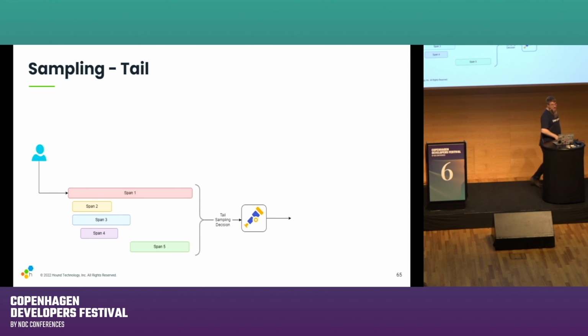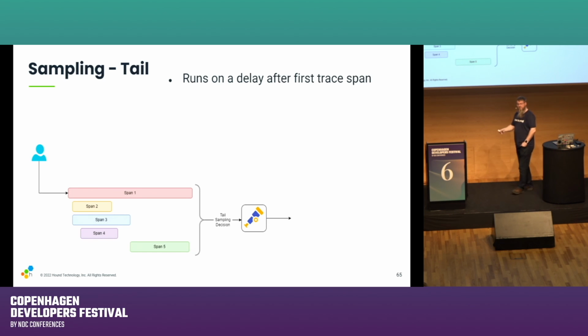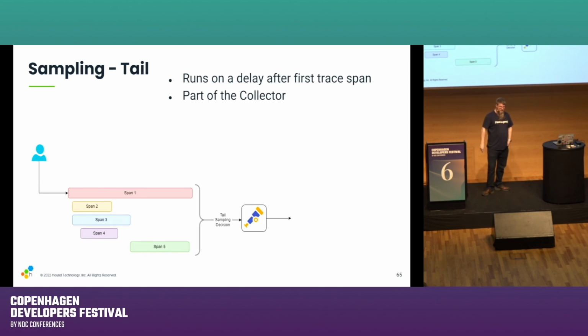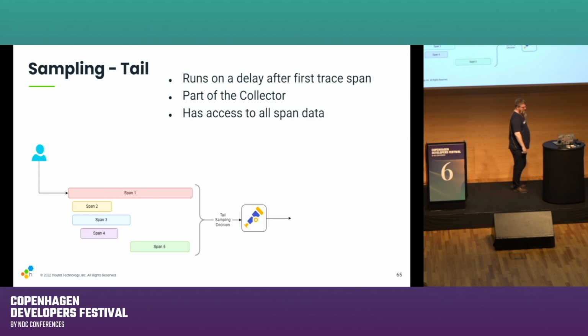By contrast, tail sampling happens after all the spans are finished for a particular trace, which means we've got tons of information to make a decision on. Because it runs on a delay after that first span has been received in our collector. It has access to all the span data, so it's got access to how many errors happened.